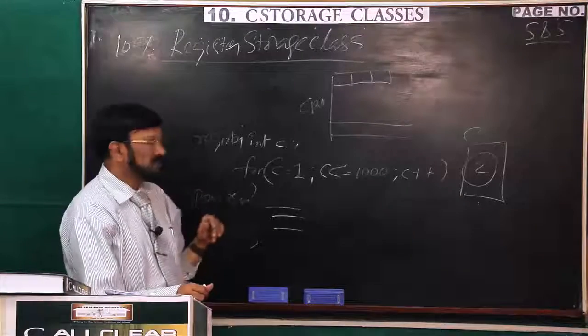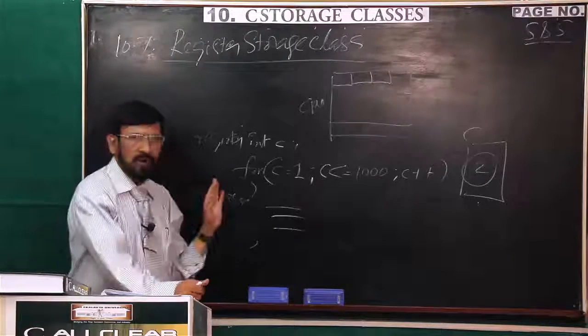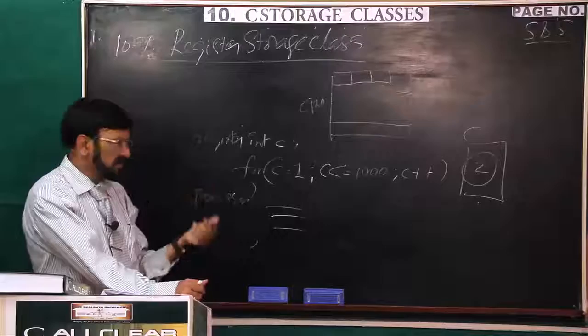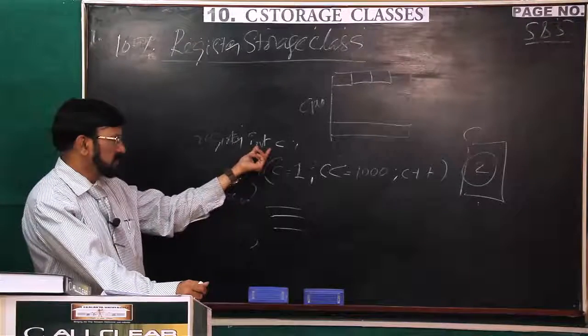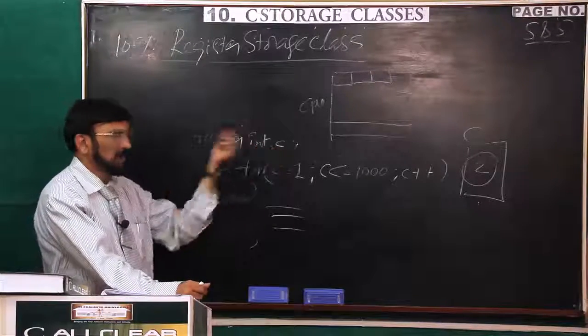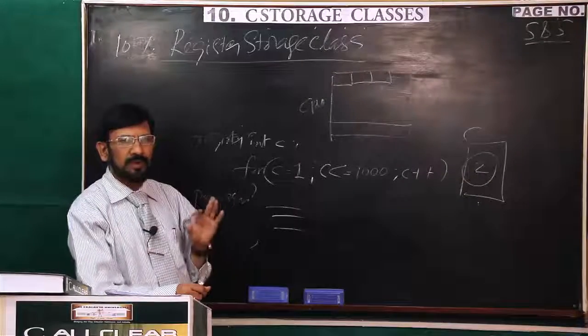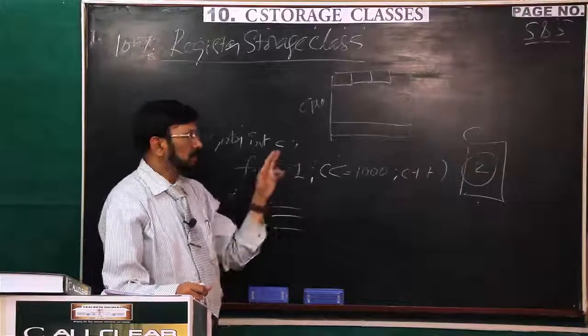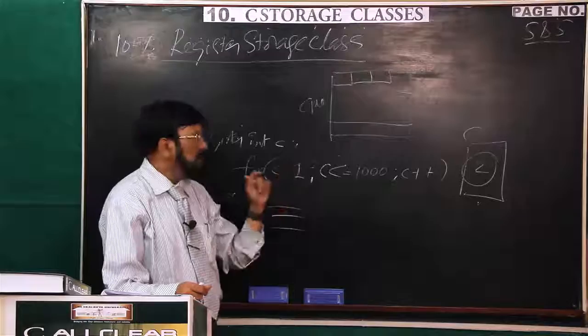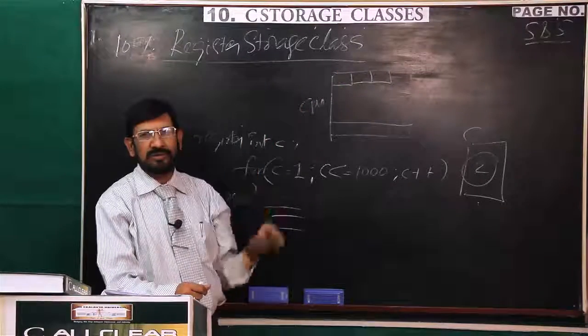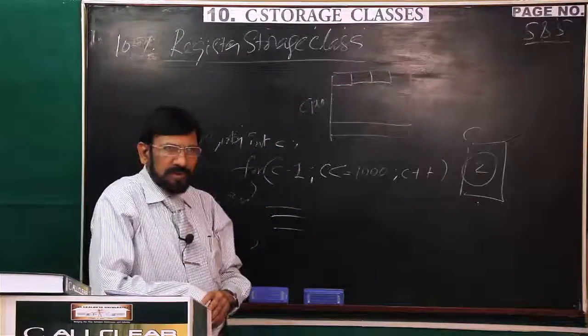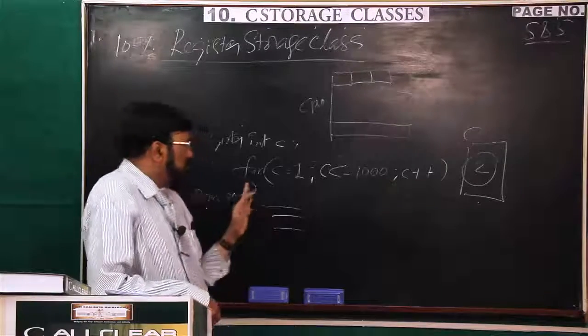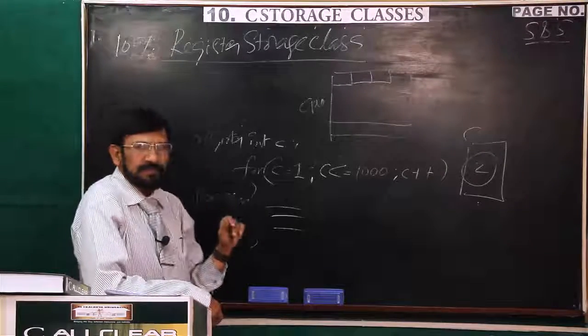But here one limitation is there. You may declare it, nothing wrong. That means you are requesting the system to make this variable a register. Register means don't store it in the RAM, store it in the CPU registers. But there is no guarantee that your request is accepted.